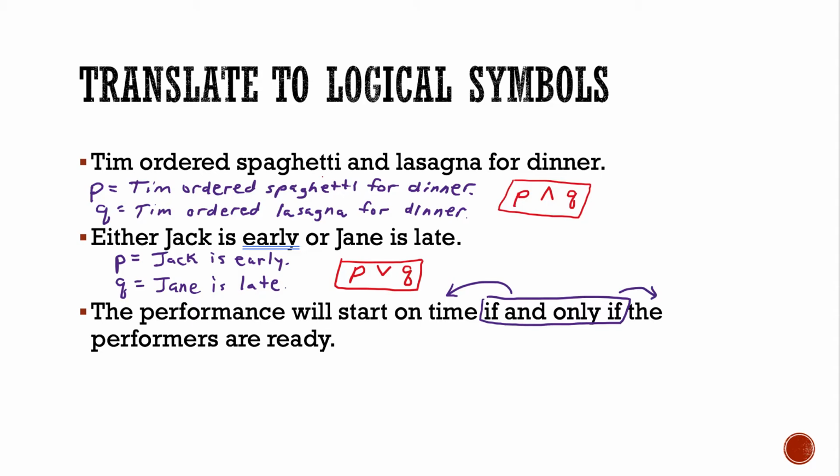All right, so our P statement will be the one to the left. That one will say the performance will start on time. And our Q statement will be to the right of the connective. That will be the performers are ready.